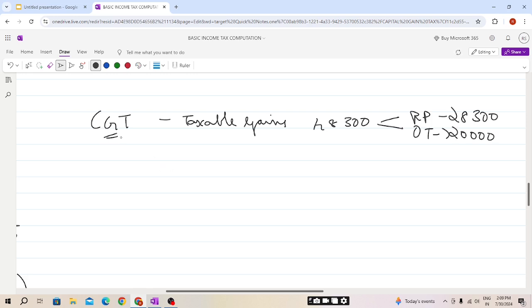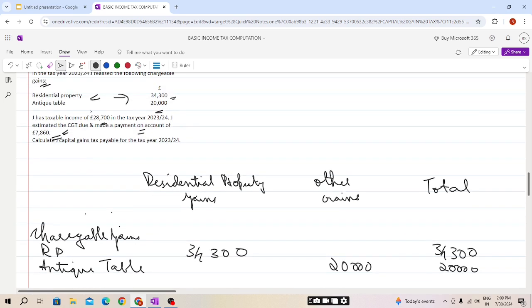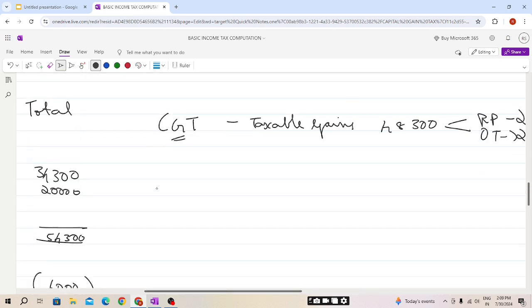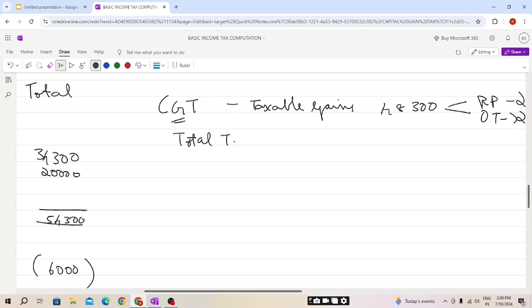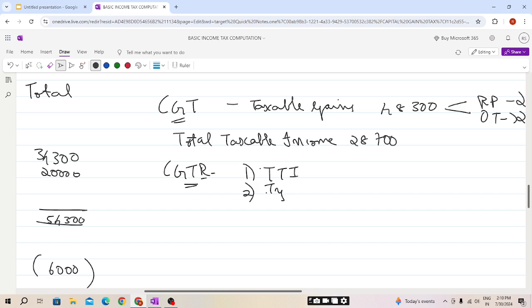Now for this capital gains tax, we need to see first, students, the total taxable income, and it is already mentioned, 28,700. Now students, we need to determine the capital gains tax rate. Two things we need to look at, students: the total taxable income and the type of asset disposed of.